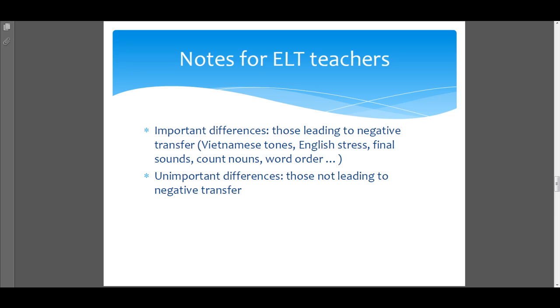And this difference does not cause any difficulties for Vietnamese language learners to learn question tags in English. Similarly, we do not use relative clauses a lot when we speak Vietnamese, but we do not have much difficulty learning relative clauses in English.